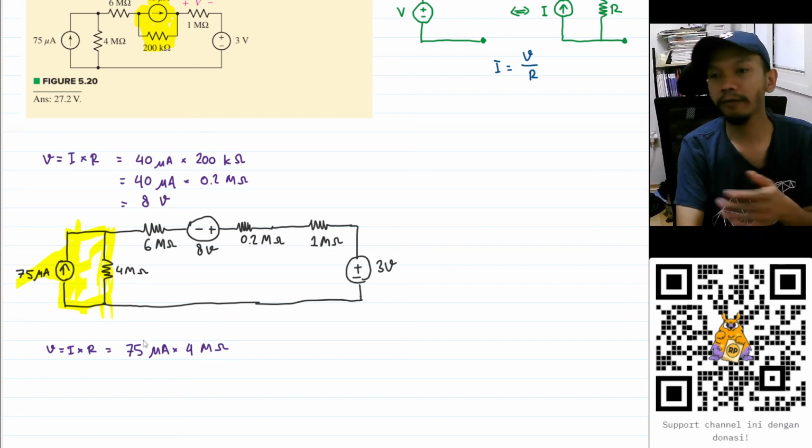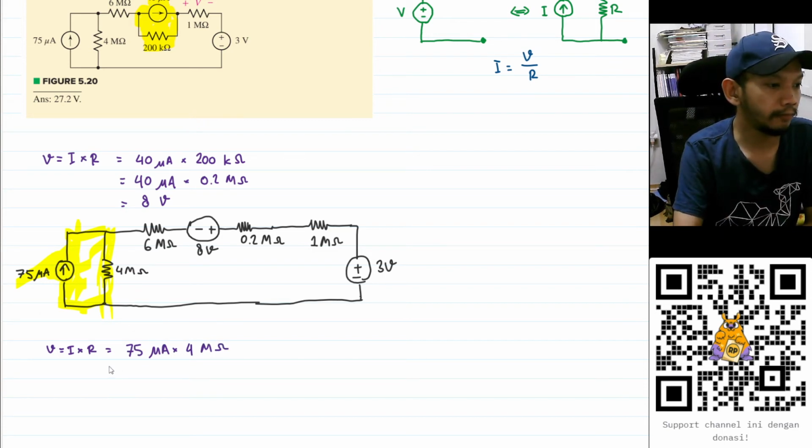Okay, 75 multiplied by 4, that will be 300, right? 75 multiplied by 4, that will be 150 multiplied by 2, yeah. And the unit will be volt, right?